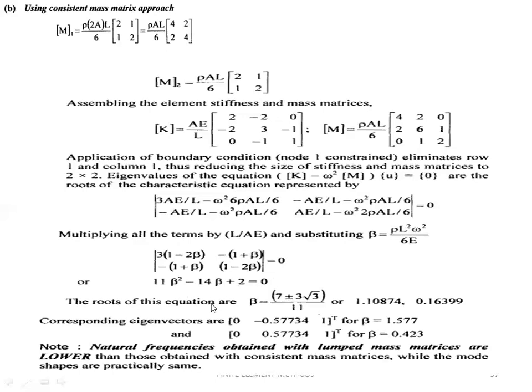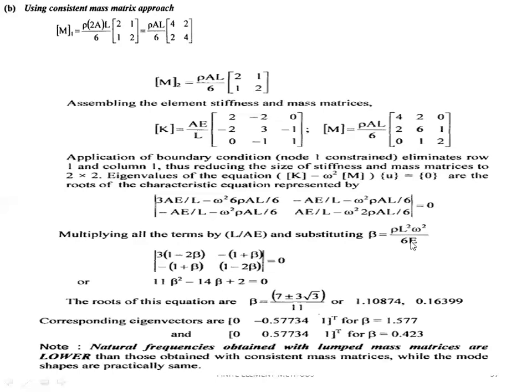For this one, using the quadratic formula we can find the roots of beta. So beta can be 1.10874 and 0.16399. This is the beta value for the consistent mass matrix approach.